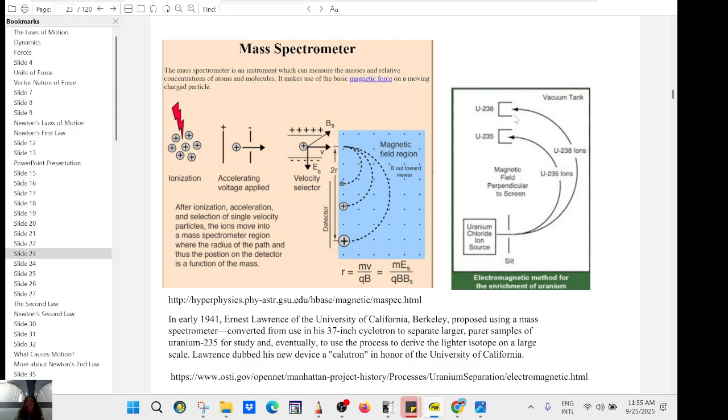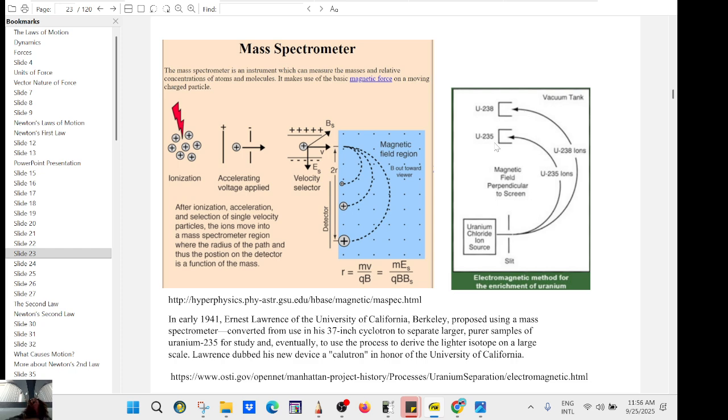So the only way you can do it, for example, is one of the ways. It's not the only one. That was the first one they did, to use the mass. Exactly. So this one has more inertia, so it's not going to bend as much as uranium-235.